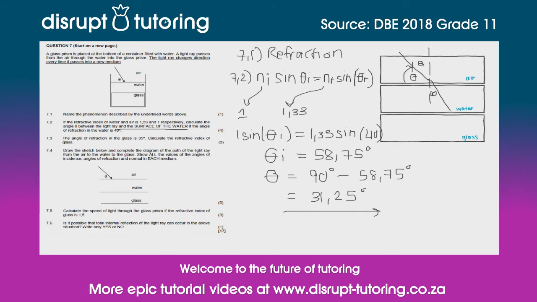Okay, so the next question says that the angle of refraction in the glass is 35 degrees. Calculate the refractive index of the glass. So we're just going to start with the same formula again, and that is the incident refractive index times sine of the incident angle is equal to the refracted refractive index times sine of the refracted angle.